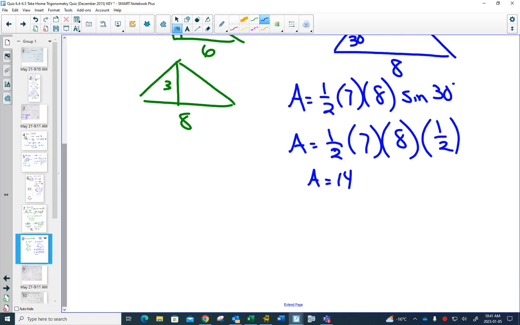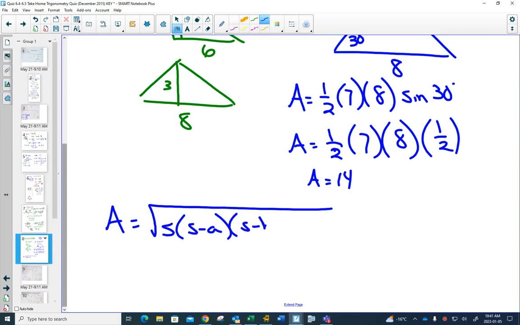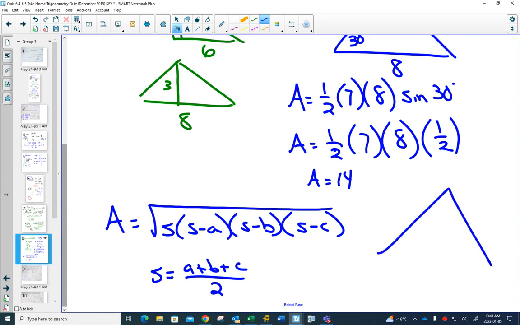The other new formula was the formula for the semi-perimeter. Actually, I'm going to make the numbers nicer.